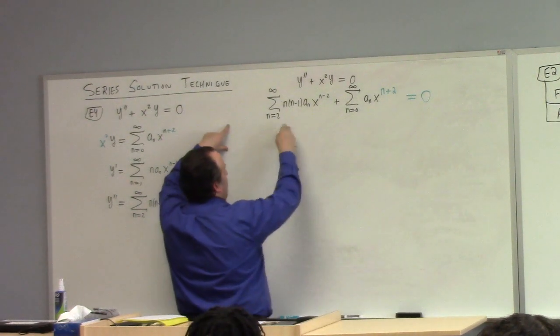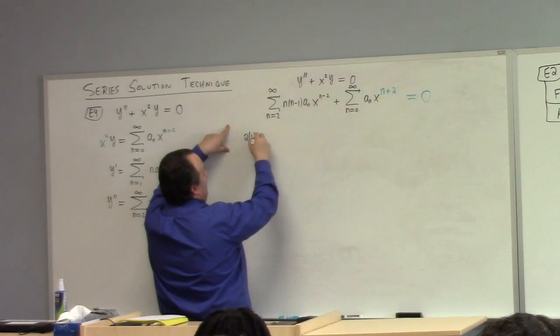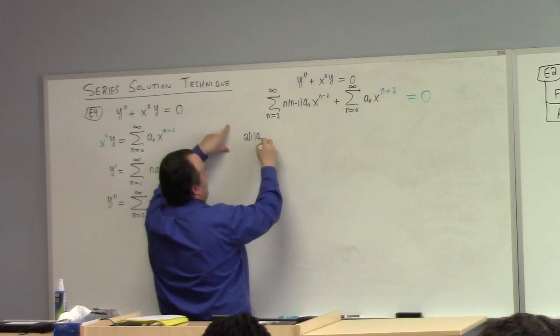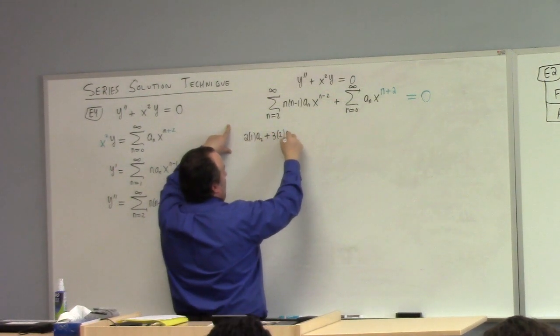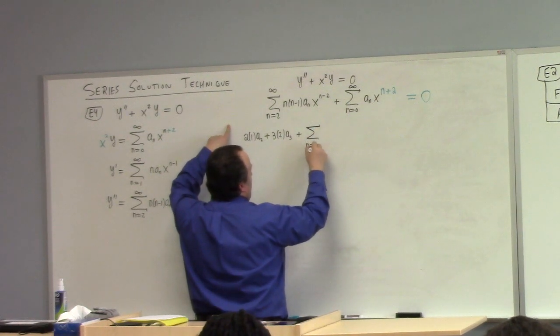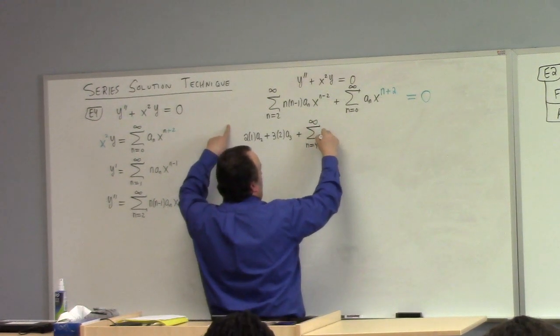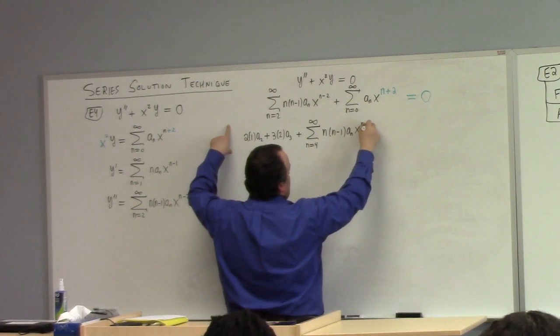So I'll take n equals 2, which gives me 2 times 2 minus 1, which is 1, a sub 2, and then plus 3 times 2, a sub 3, and then plus the sum n equals 4 to infinity of n times n minus 1, a sub n, x to the power n minus 2.